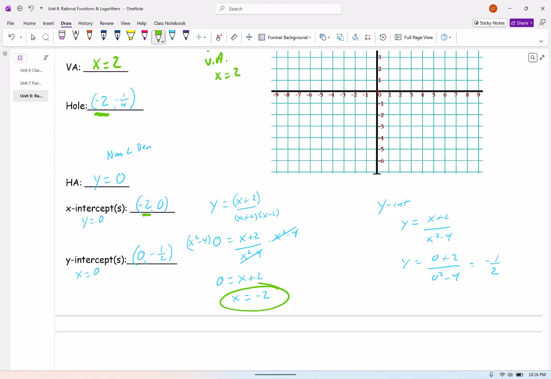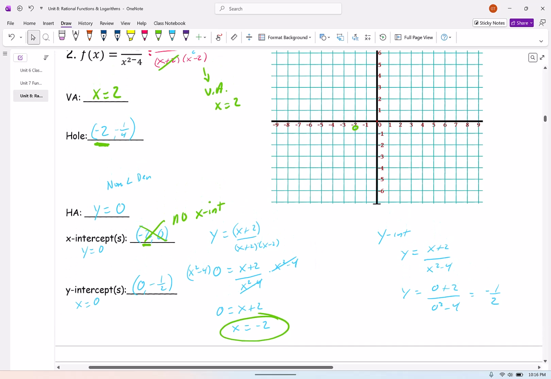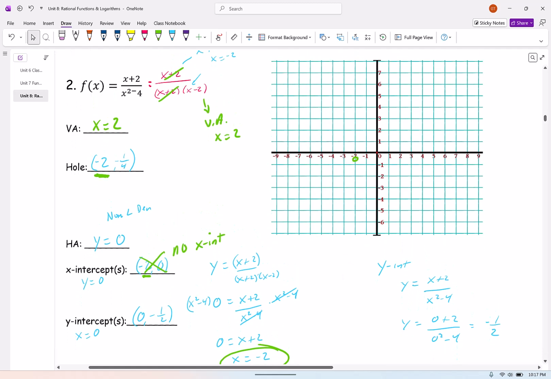So at -2, it can't also have a value of 0. And since we know that our hole is correct at that point, there actually will end up being no x-intercept. This does not always happen, but it can. It's just a small thing to keep a lookout for.